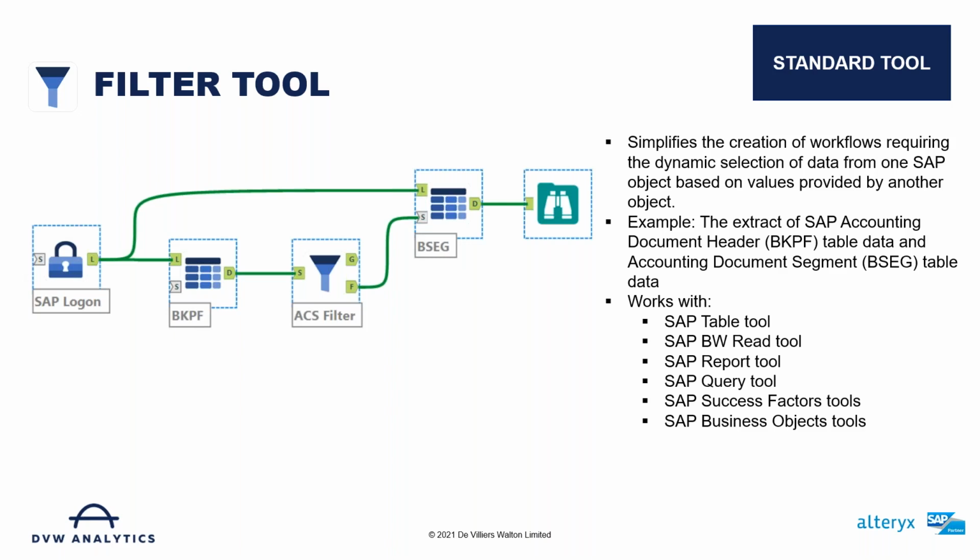So we're being very specific here. We're being very prescriptive of exactly the data we want, so we're not being wasteful. The filter tool, as you'll see, however, also allows us to dynamically chunk up those calls so that we're also not stressing the SAP system.